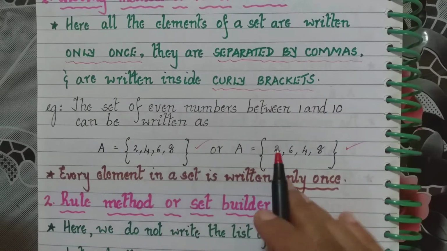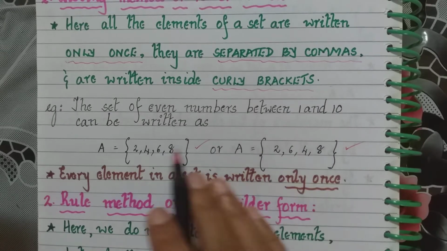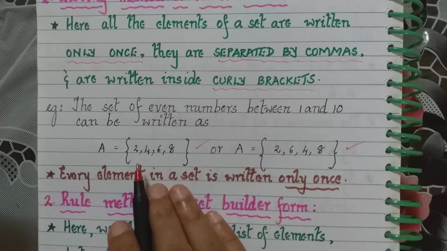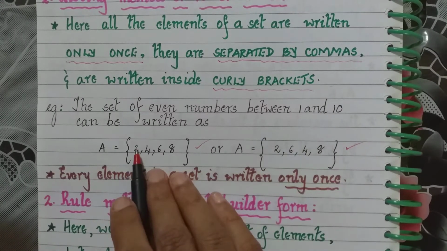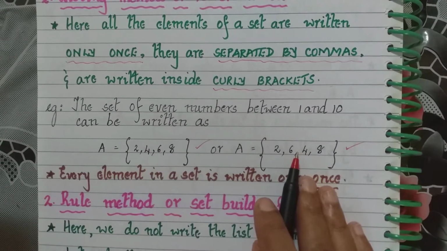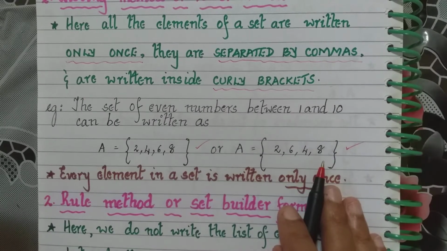I must list the elements only once. How I have written the elements, the order is not important. The order can be anything, but the elements which are written should be listed only once. So you see in both these sets, 2 is written only once, 4 is written only once, 6 is written only once and 8 is written only once.